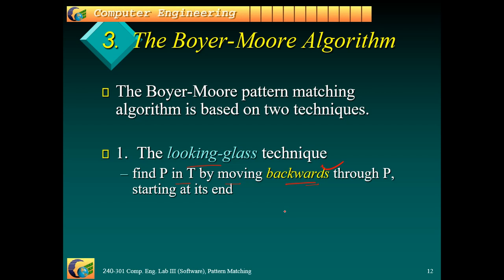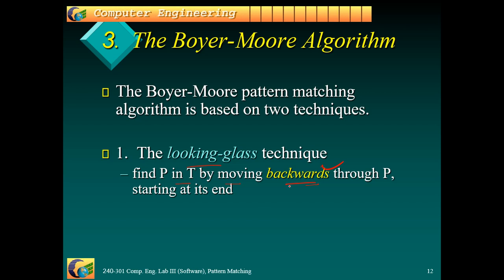It means the last character of your pattern, when aligned with the corresponding character of the text, is going to be compared. If there is a match, then with a decrement you move in a backward direction until you reach the first character of your pattern. And if all the characters get matched, then you will return the position of the text from where that particular pattern was found.